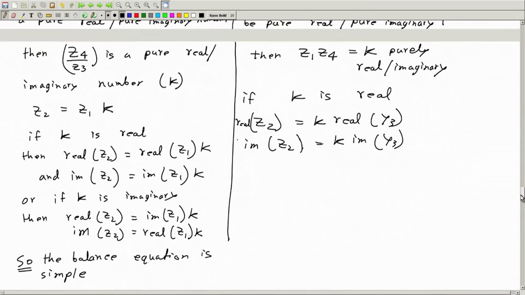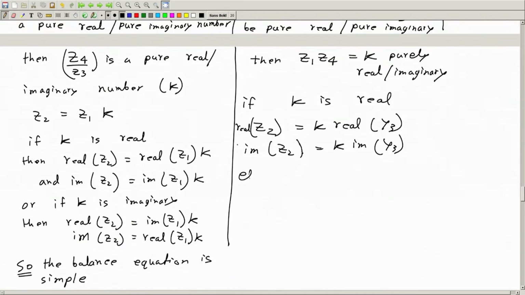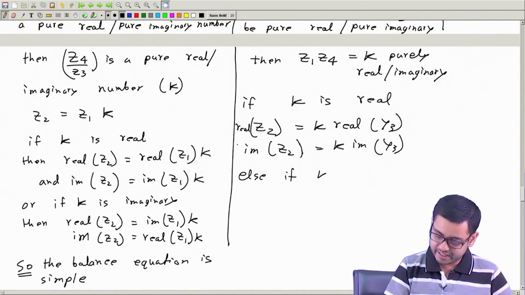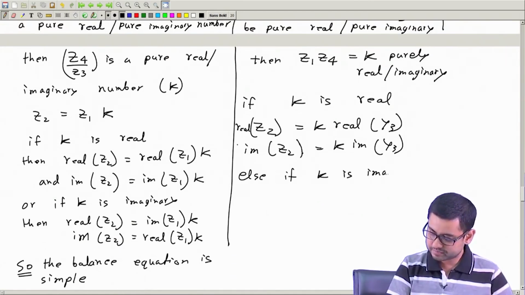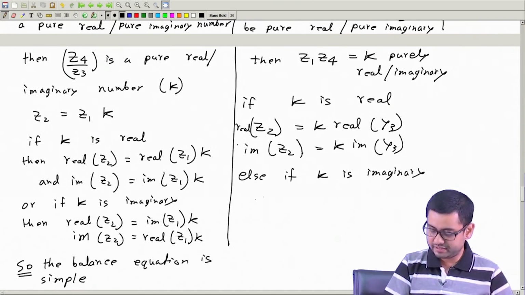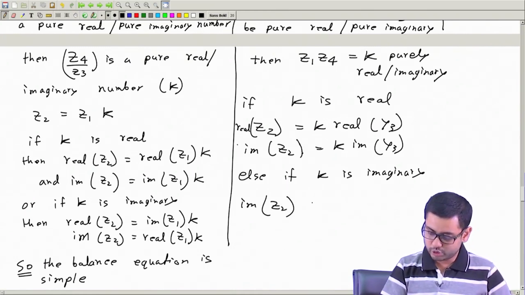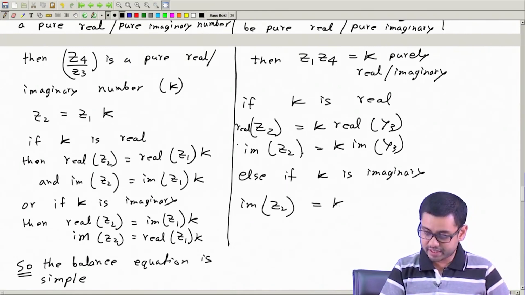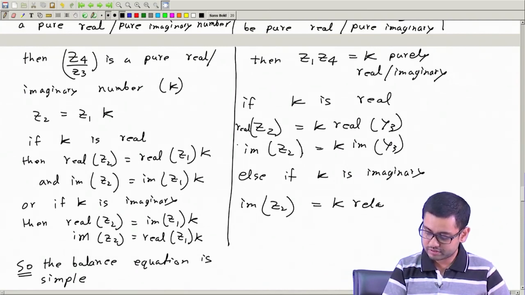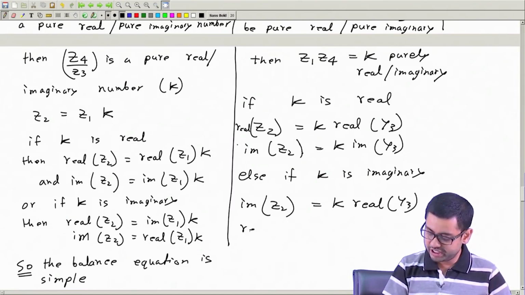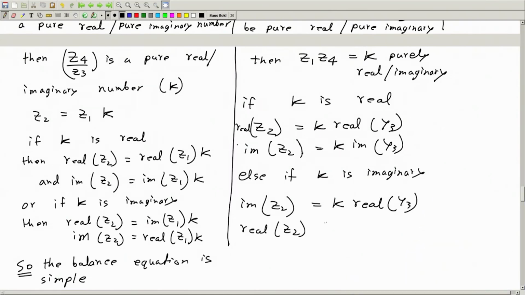And similarly, if K is imaginary, then you can write imaginary of Z2 is equal to K times real of Y3 and real of Z2 is K times imaginary of Y3.